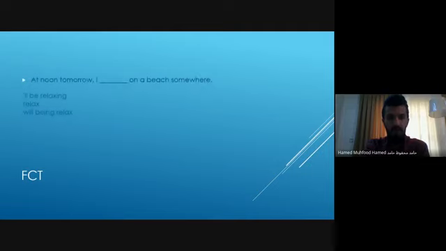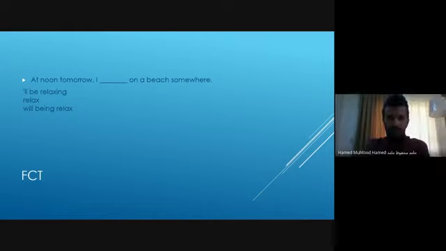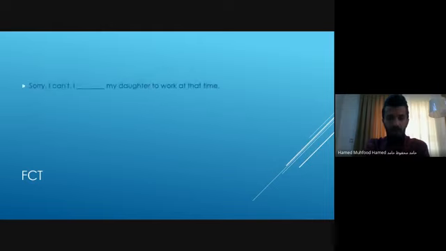At noon tomorrow, I will be relaxing on a beach somewhere. Hanan? At noon tomorrow, I will be relaxing on a beach somewhere. Yes, that's right. Sorry, I can't. I will be taking my daughter to work at that time.